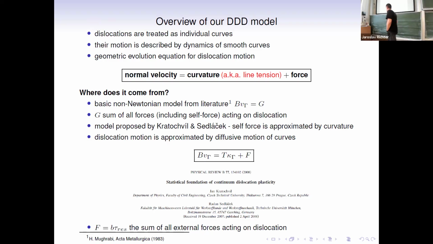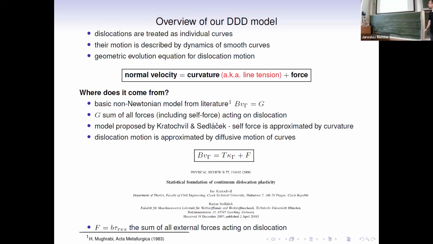So what we postulate is a geometric evolution equation, which roughly speaking says that normal velocity is proportional to the curvature, also known as the line tension, plus the external forces. And the thing is, this is a kind of non-Newtonian motion type, because in Newtonian motion, acceleration is proportional to the force, but here velocity is proportional to the force, non-Newtonian style.